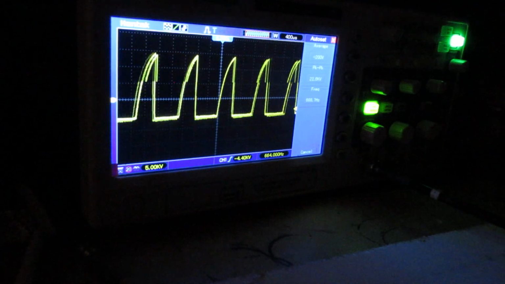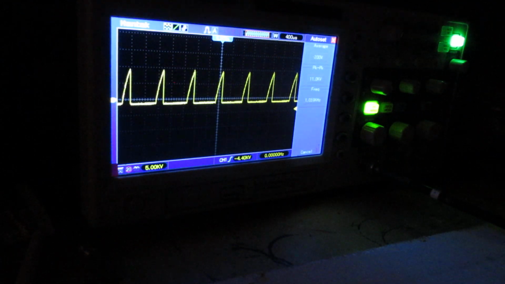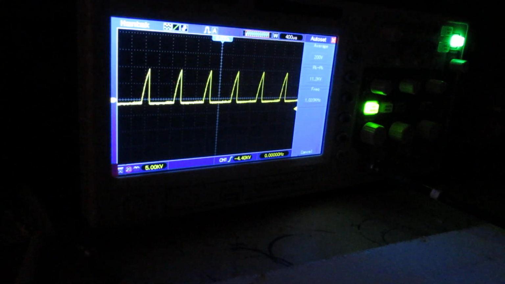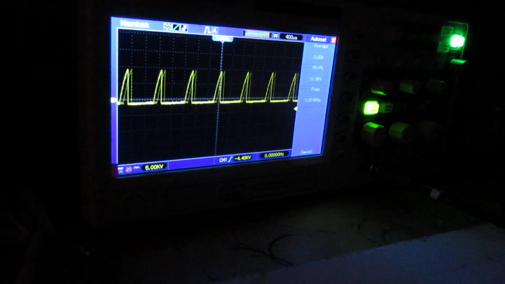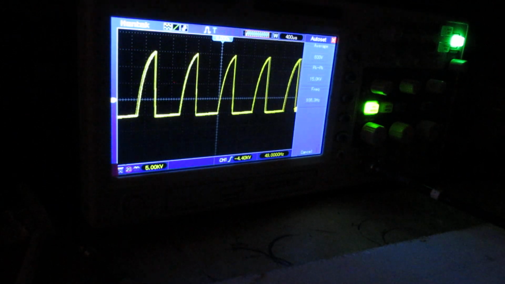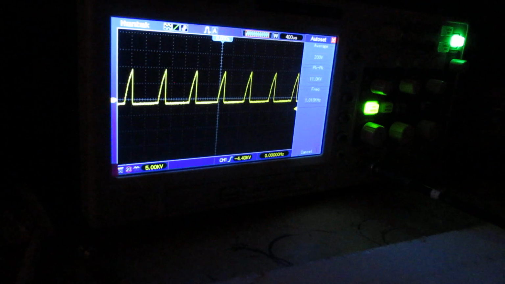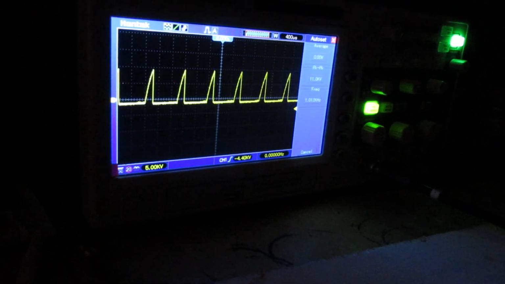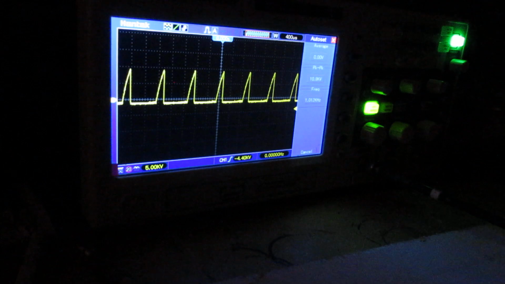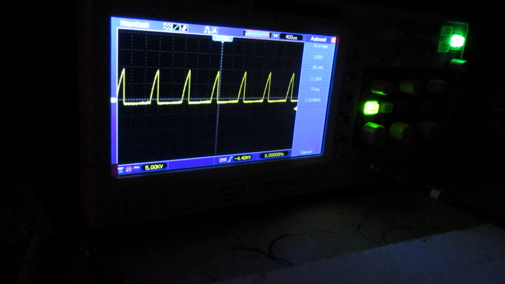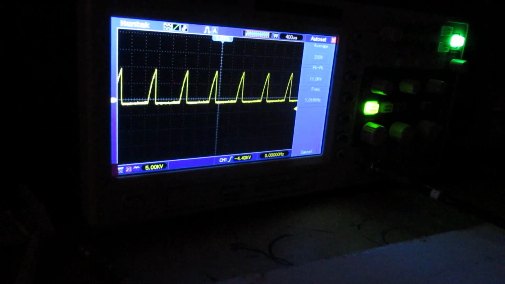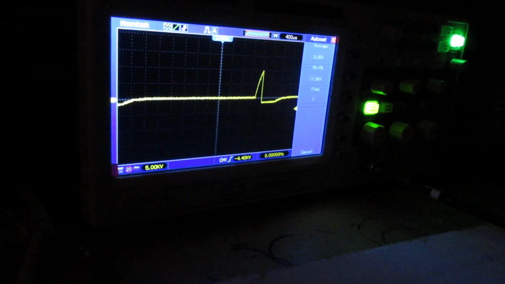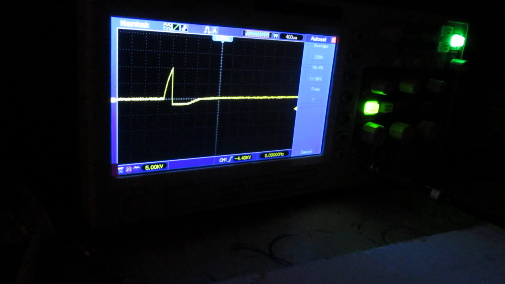Let's see. That surely works. But when I changed the voltage to the base of both the transistors, it also will change, surely. So here you see and hear that.